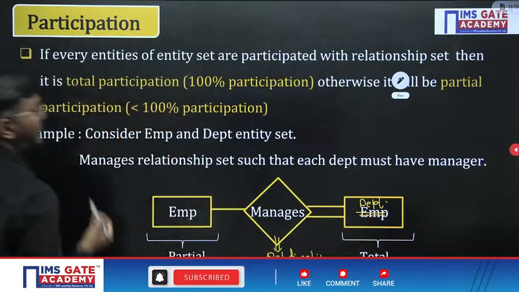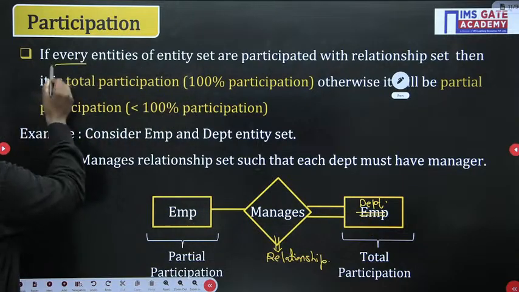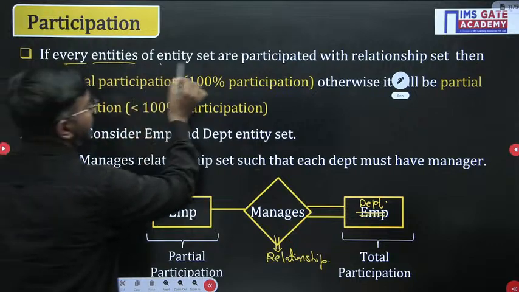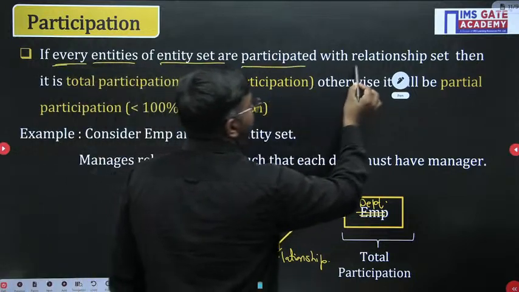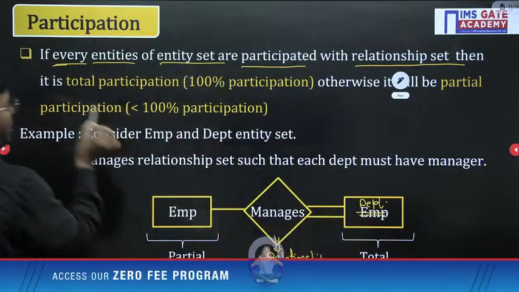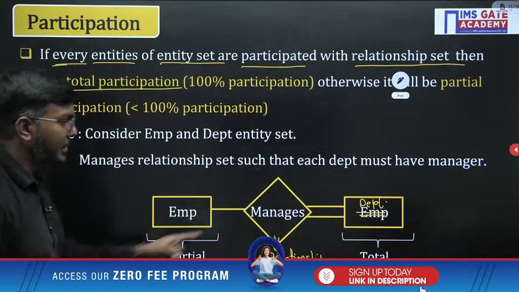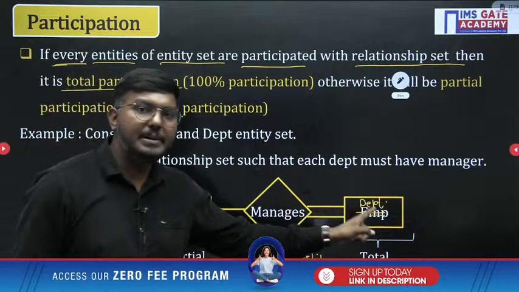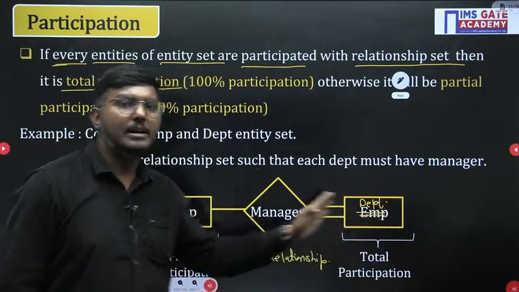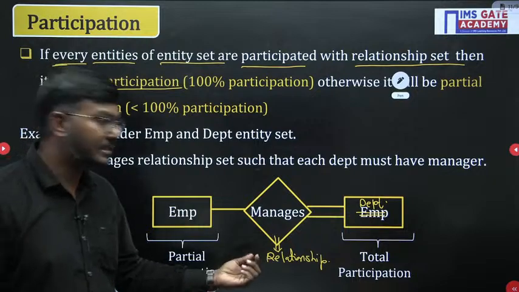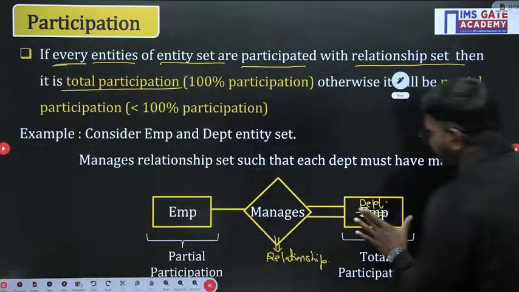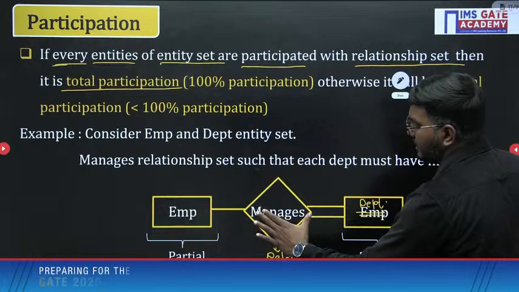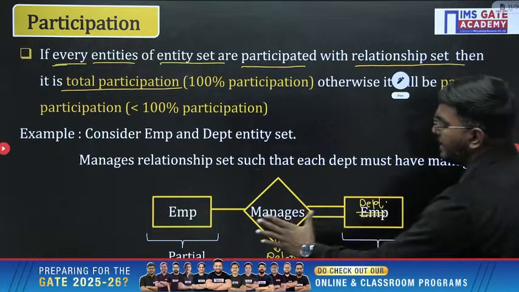Fine. Now see here. If every entity of an entity set participates in a relationship set, then we can say this is a total participation. Like here, we have a total participation towards the department side. It means every department entity is participating in the relationship set. What this means is every department must have a manager.